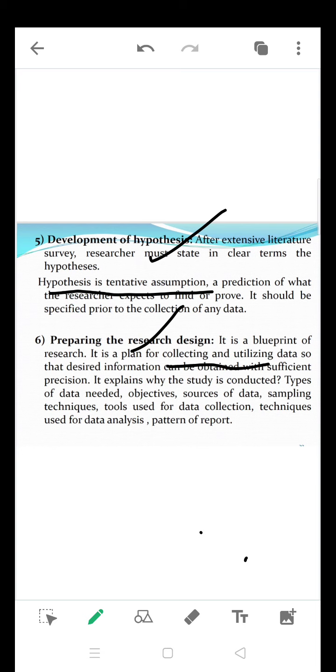It is going to explain why the study is conducted, the type of data needed, objectives of the research, sources of data, sampling technique, tool used for data collection, technique used for data analysis, and pattern of report. If you see the research design of any researcher, it is going to give a complete review of what exactly and how exactly the researcher has conducted the research. That is why it is called a blueprint of research.